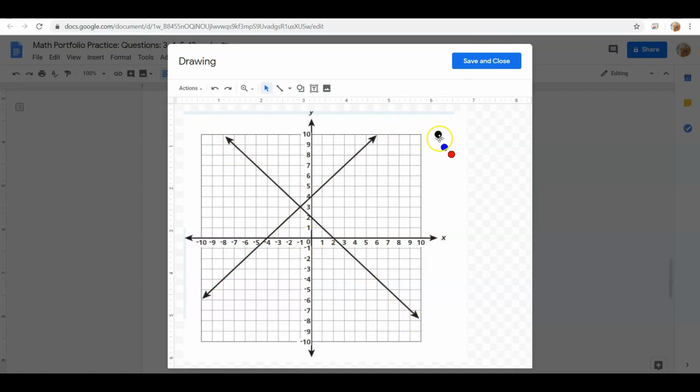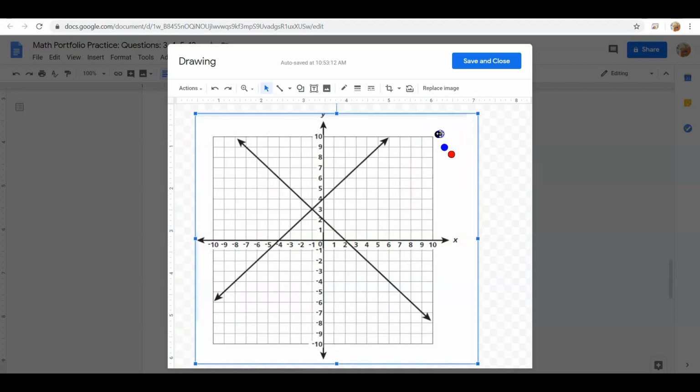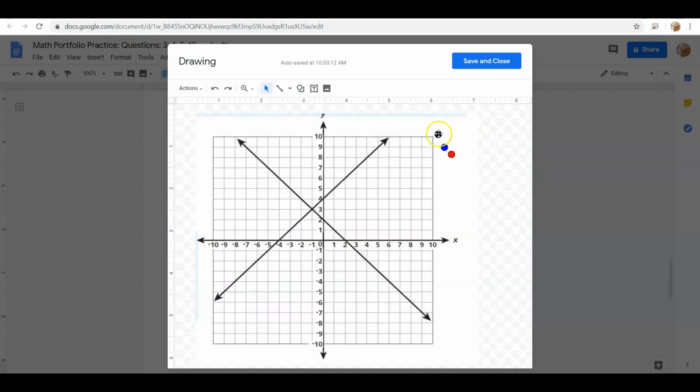So when you plot a point that is only a solution to one of the equations, you have a few options. You could put this point somewhere that's on one line. You could put this somewhere that's not on any line, or you could put this somewhere even that's on both lines.